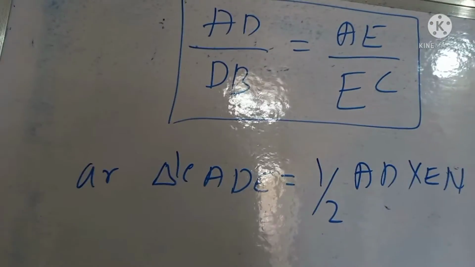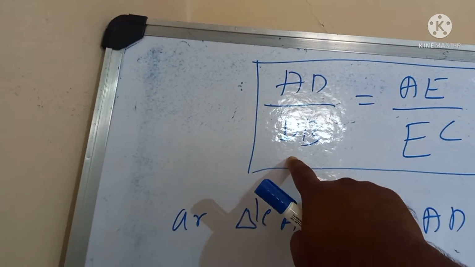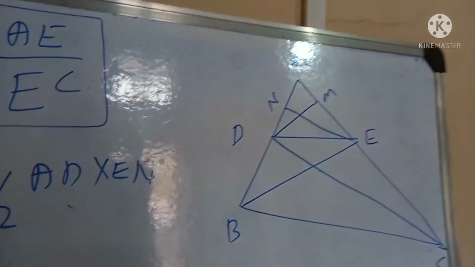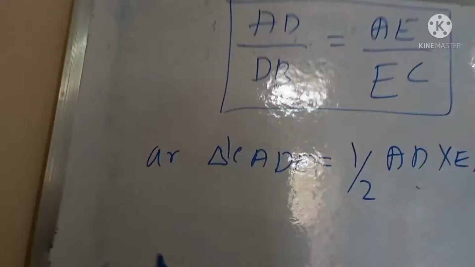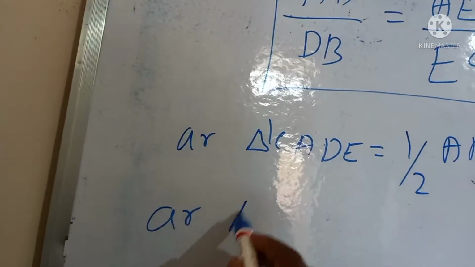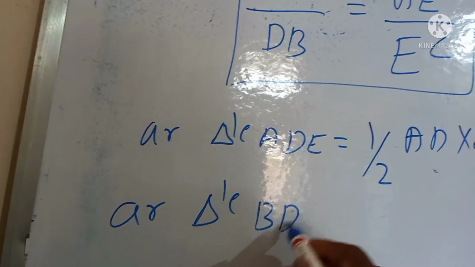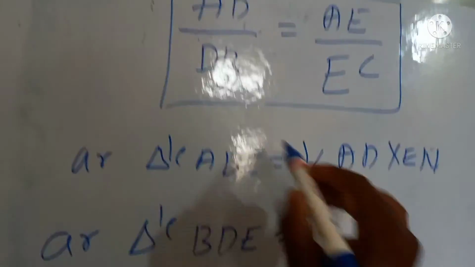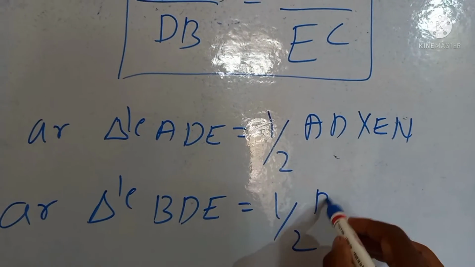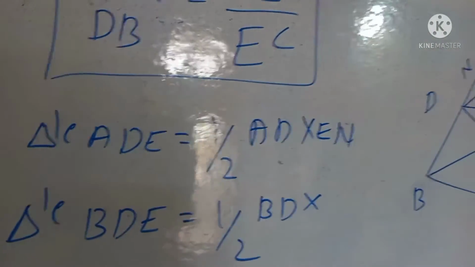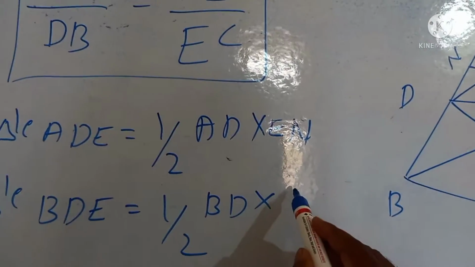Similarly, you can get DB as a base. For that reason I am choosing the triangle BDE. So area of triangle BDE equal to half into BD into again EN.